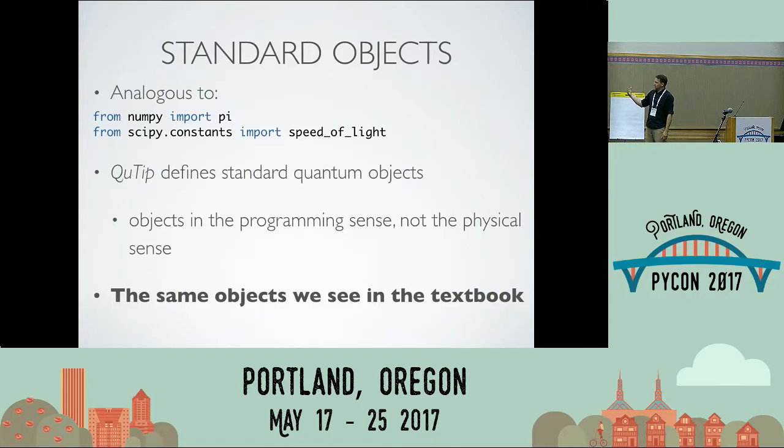Like, we can import a quantum object that defines and represents a quantum system or quantum state. And what's really key is that these are exactly the same objects that the students see in the textbook. So if you're learning quantum mechanics as an undergraduate, it's really cool to see this framework that defines the same things that you're learning about as mathematical objects, and you can handle them the same way.